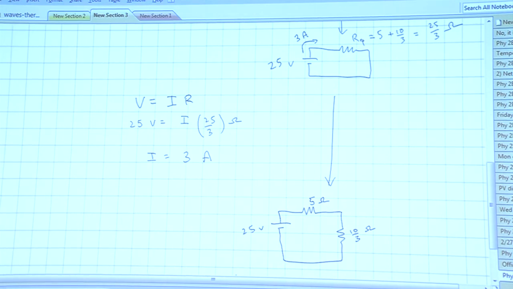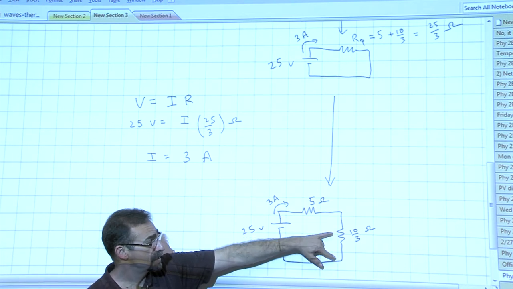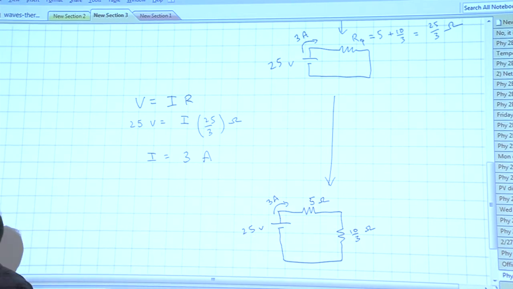And we know that there are 3 amps coming out of the battery. So what's the voltage drop across each of these resistors?